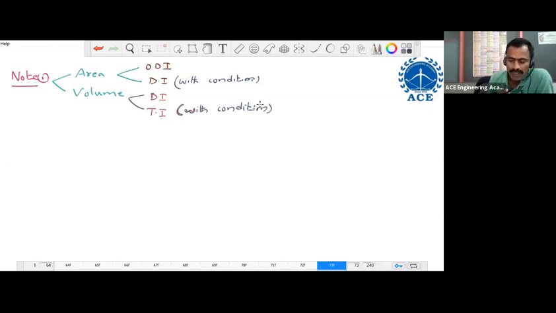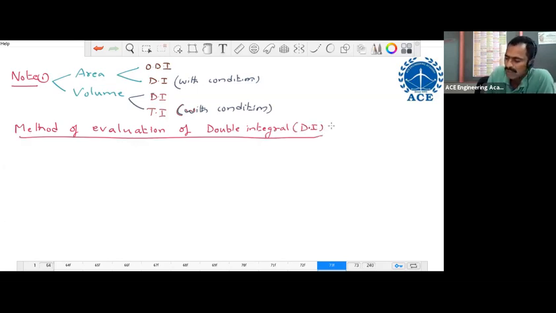Now next we read the method of evaluation of double integral. Method of evaluation of double integral. In short form, D.I. Double integral short form is D.I. Now, in which case, case 1.